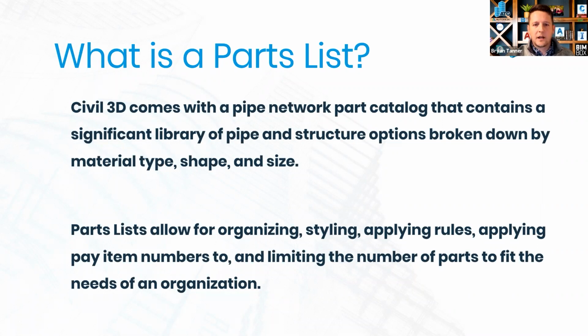There would be way too many options to select from. It would bloat your template to a point of no return. Every single XREF and file reference into other drawings would additionally bloat those files. So we create a parts list to have a curated list of pipe and structure types and sizes that apply to the type of work that we do on projects.